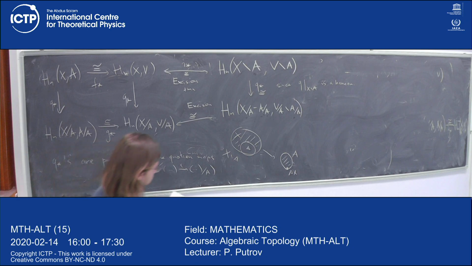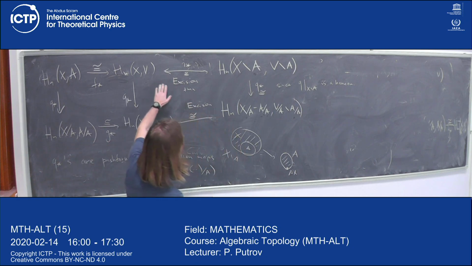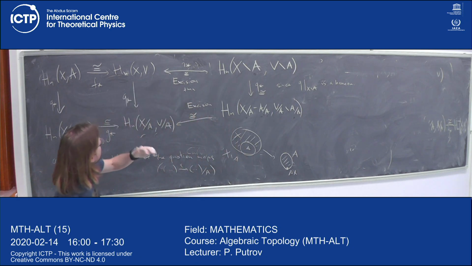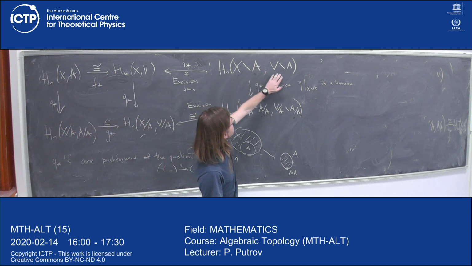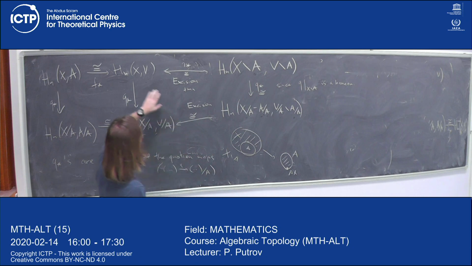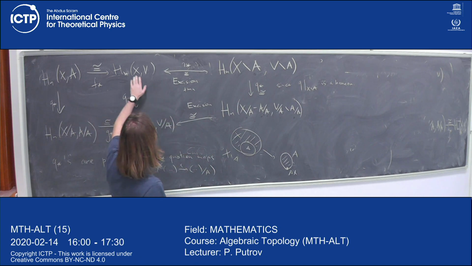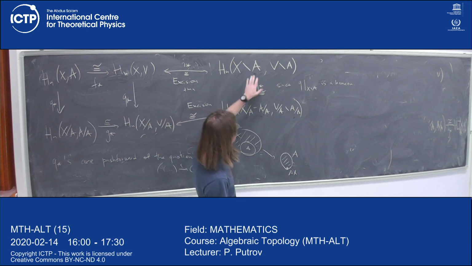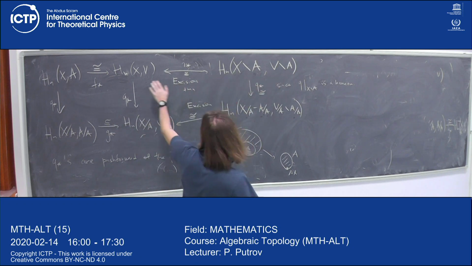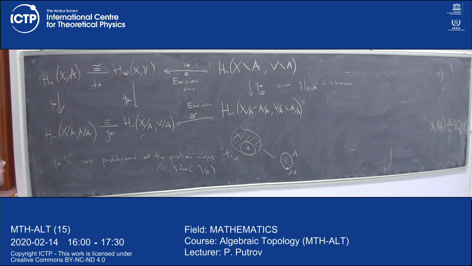So one reformulation of the excision was exactly that if we have a triple of X and a subspace inside B, and also there will be A, we can excise one of those to get, and the resulting relative homology will be isomorphic.